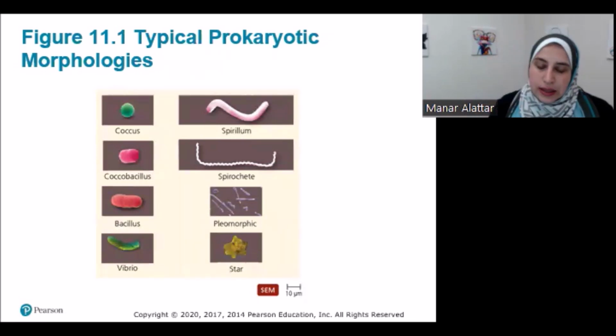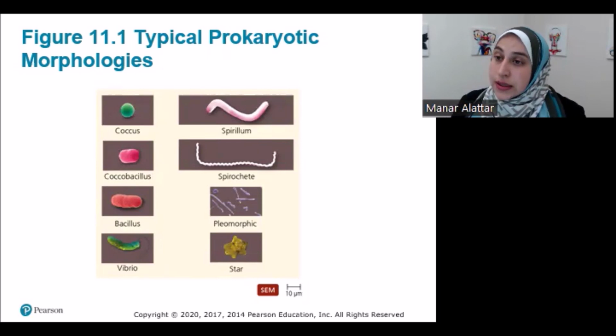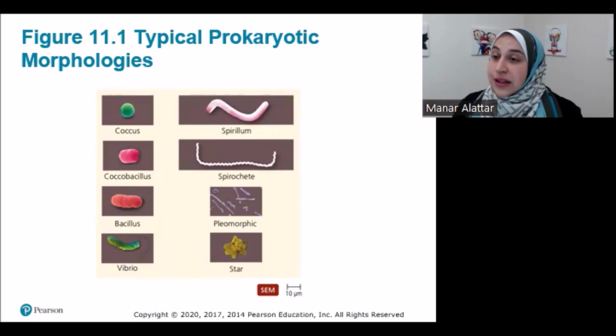prokaryotic organisms. Now, that is historically true, but in recent years, we've also developed some really powerful genetic technologies and tools that allow us to probe the DNA of organisms generally, and prokaryotes specifically as well.